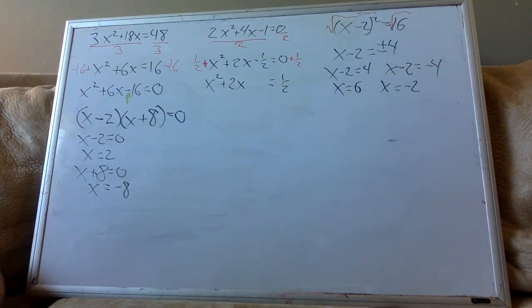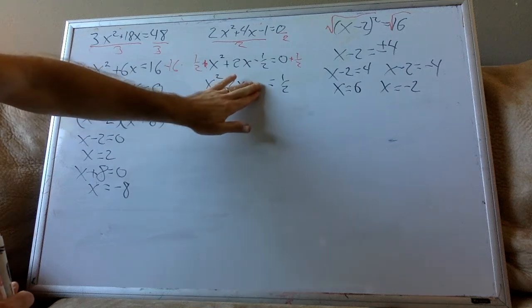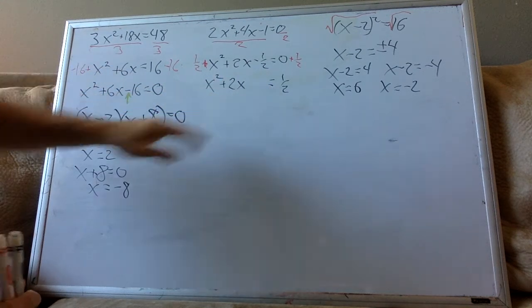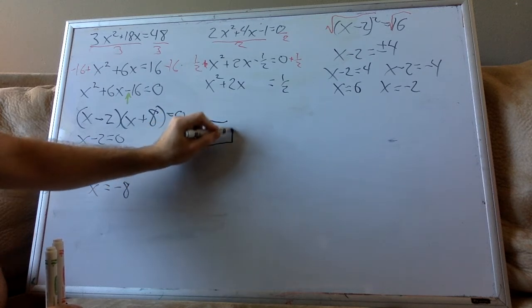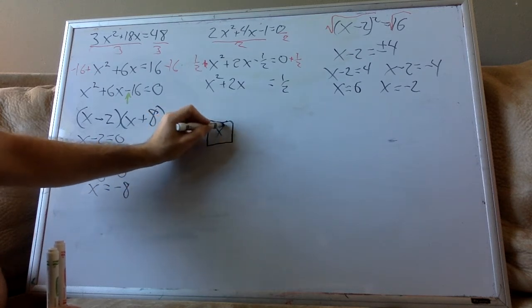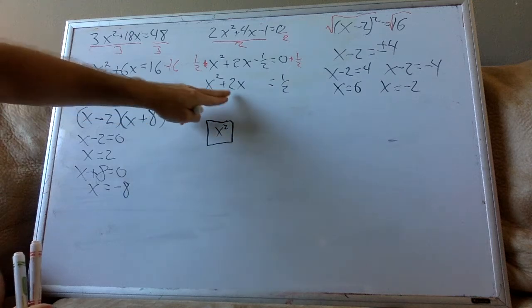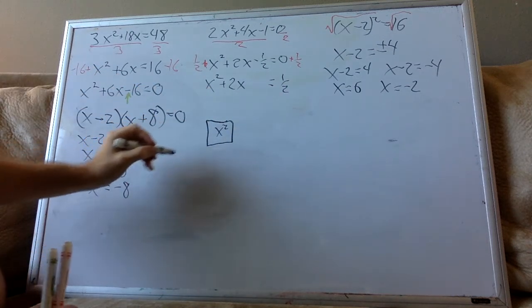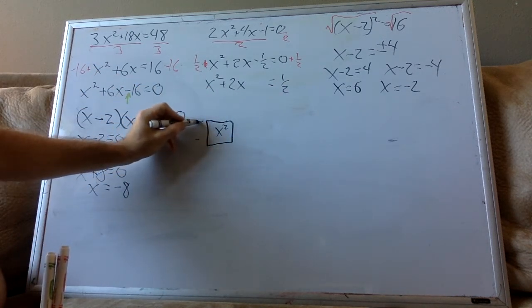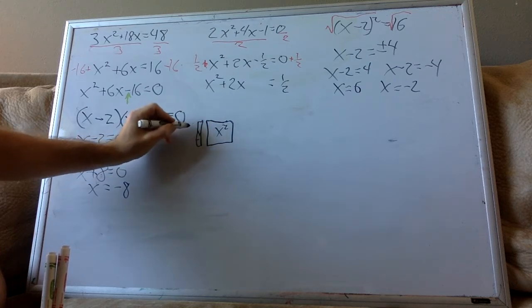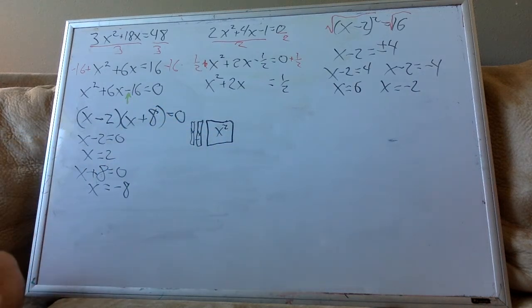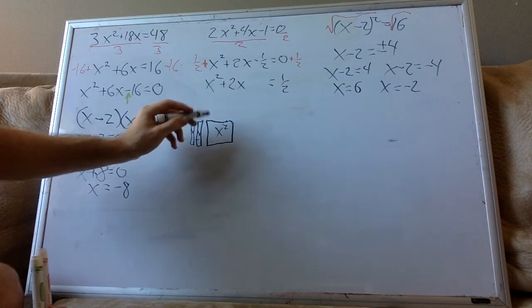Now what I want to do is find something here that allows me to make a square. If you think about this, I have an x squared term, and I have two x terms. It's length x by length 1, length x by length 1. And I want to try to make this into a square.